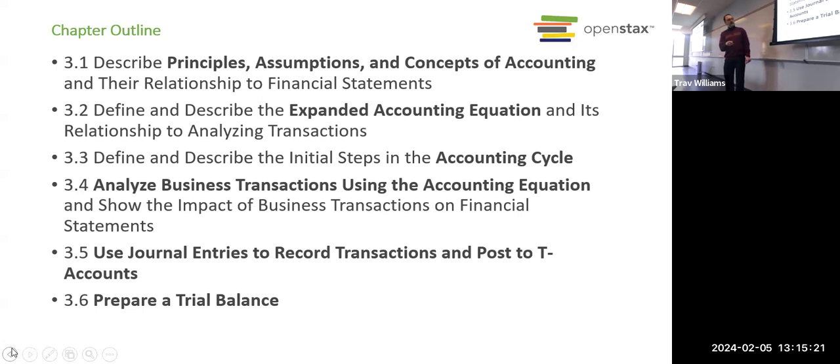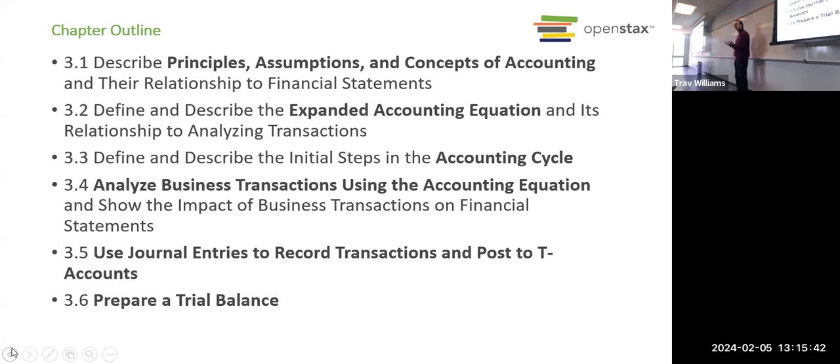We'll learn about journal entries and T accounts. Some of you mentioned T accounts earlier, so we'll learn what those are. Those are basically steps 2 and 3 in the accounting cycle. And step 4 is preparing our first trial balance, so we'll learn how to do that as well.